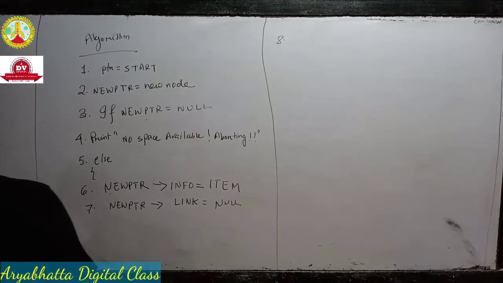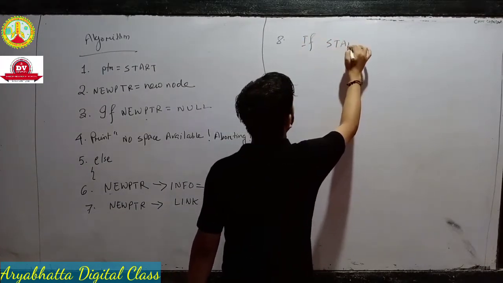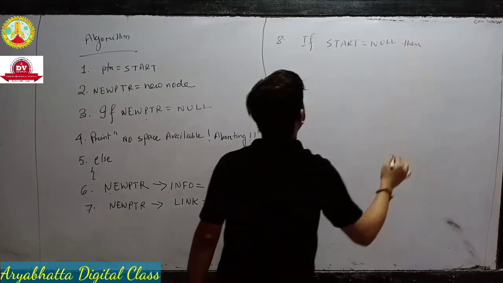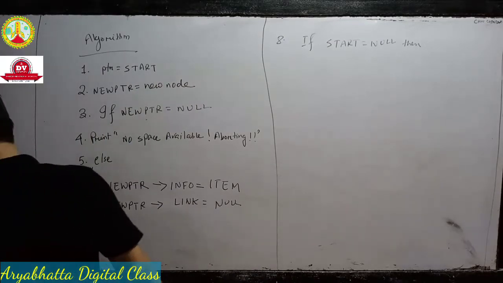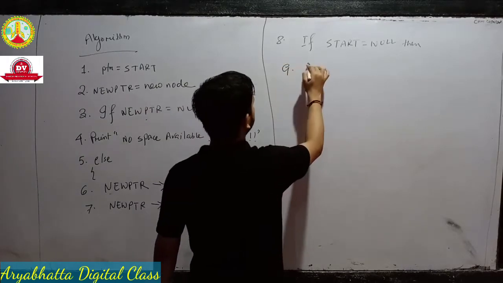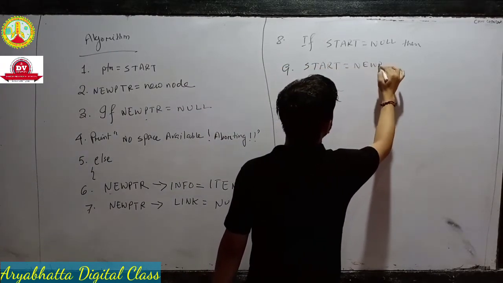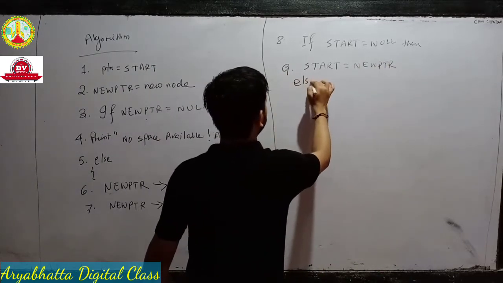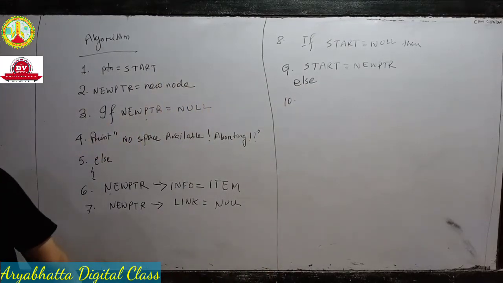If start is equal to null, then start is new ptr.